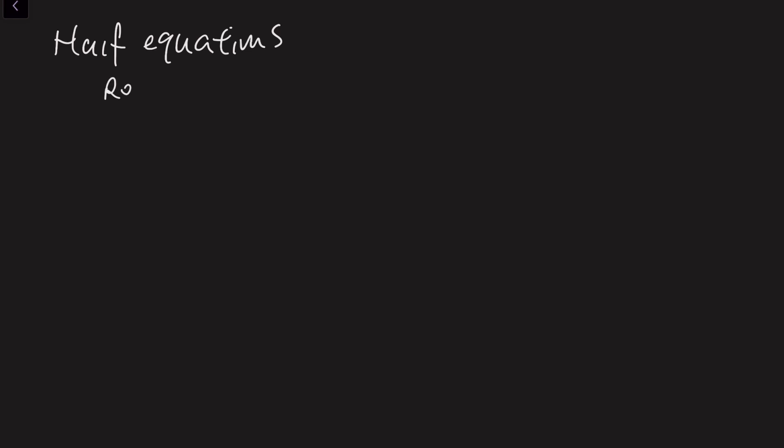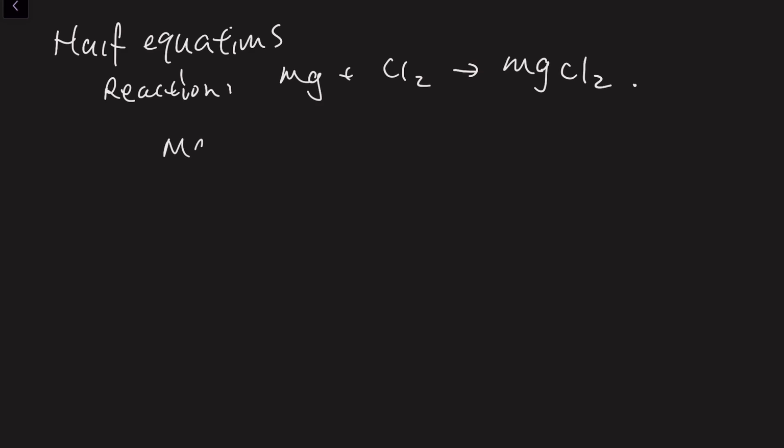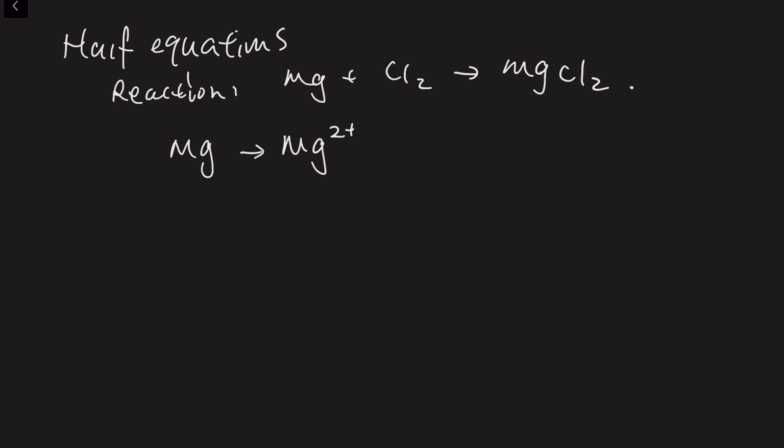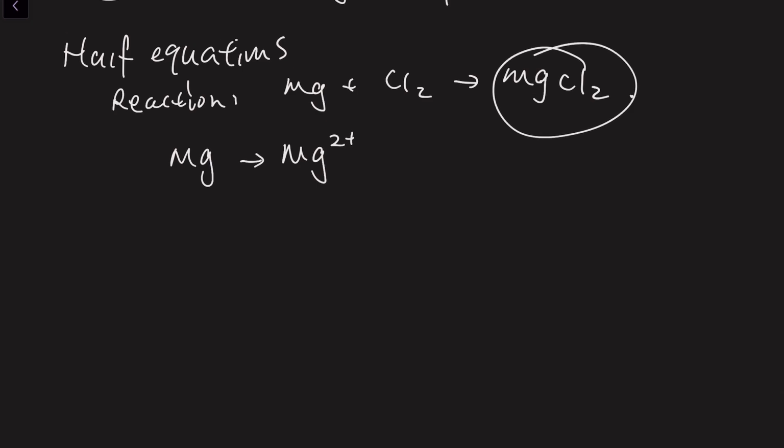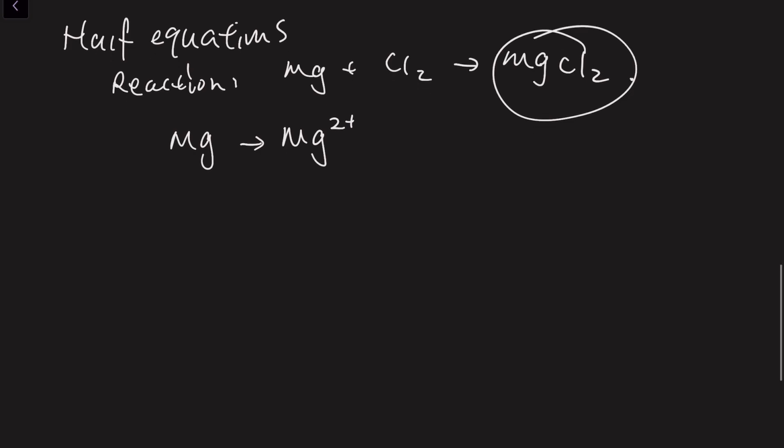So imagine we have the reaction, very simple reaction, like this. So the magnesium atom have turned into magnesium ion. So this is ionic substance. So essentially composed of these two ions.